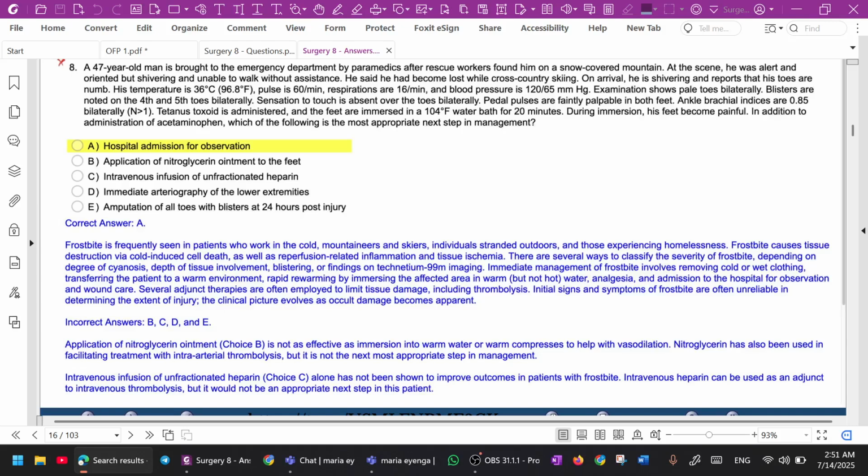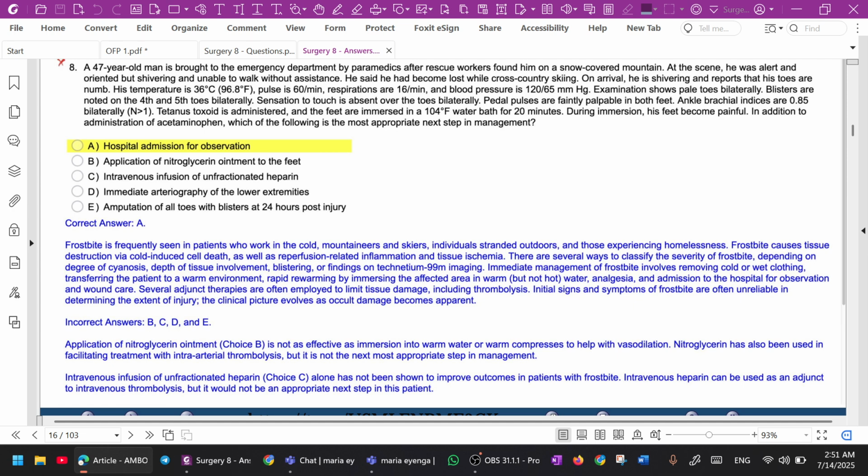Immediate management of frostbite involves removing cold or wet clothing, transferring the patient to a warm environment, rapid rewarming by immersing the affected area in warm but not hot water, analgesia, and admission to the hospital for observation and wound care.